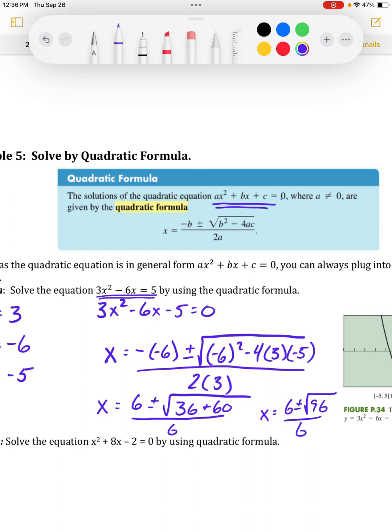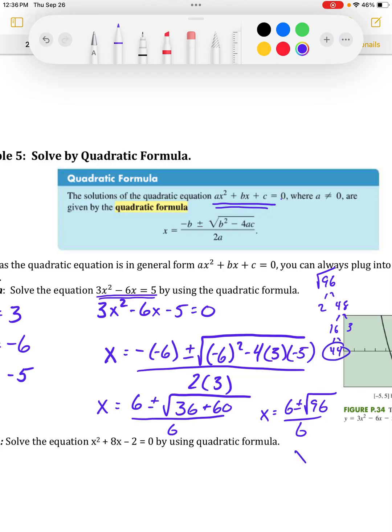And I have to simplify that. So what goes into 96? We have to break down 96. Since I'm running out of room because there's a graph here, 2 and 48. 48 is going to be 16 and 3, and 16 is 4 and 4.